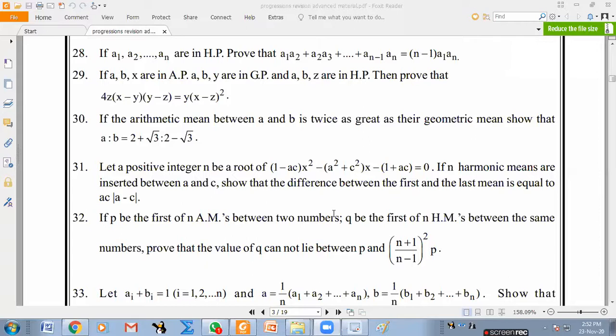If you completed one question, you can always try the next question, or at least next order. I'm giving some time. You can try 31. Next, you can try 33 also.